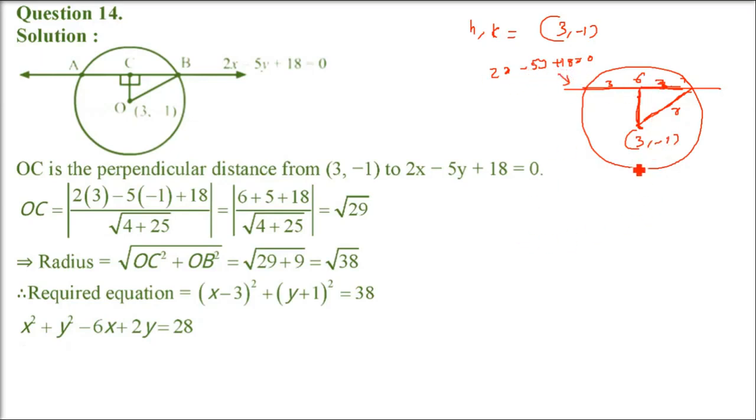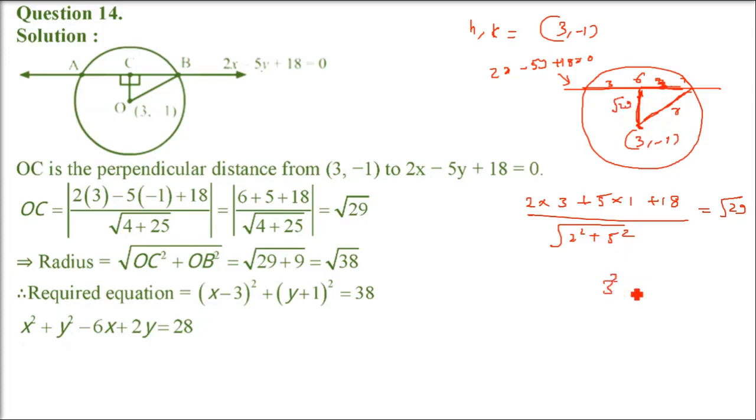That is why I am finding the distance of the center from the line. So I am putting 3 and minus 1 in the line equation: (2 into 3 minus 5 into minus 1 plus 18) by under root (2 square plus 5 square). If you solve it, it's going to be under root 29.